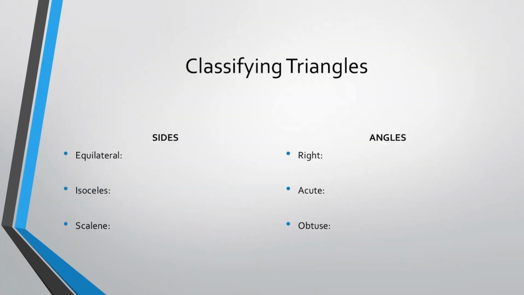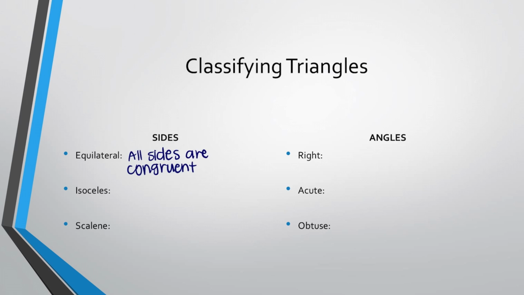There are different ways to classify triangles. There's the sides way and there's the angles way, and you can usually pick one from each column, because they have 3 sides and 3 angles. So when we're classifying triangles with sides, an equilateral triangle means all sides are congruent, which is a fancy word that just means the same length and size.